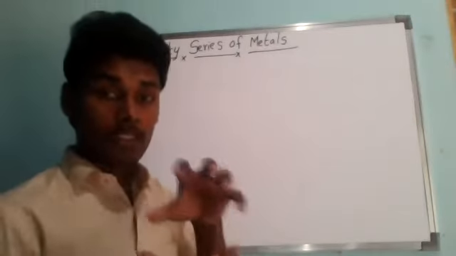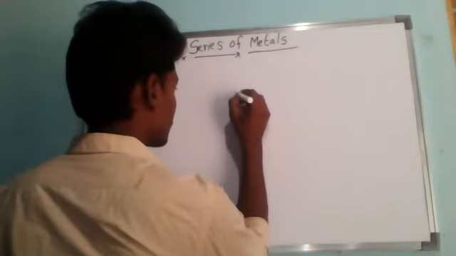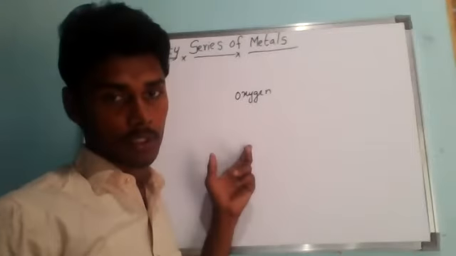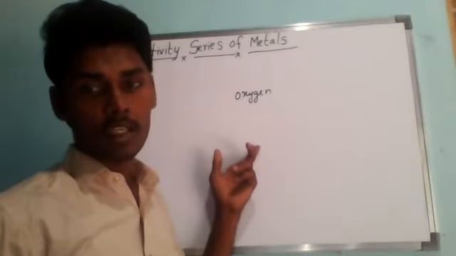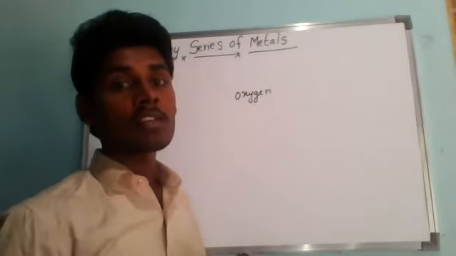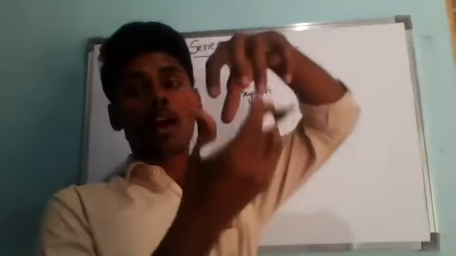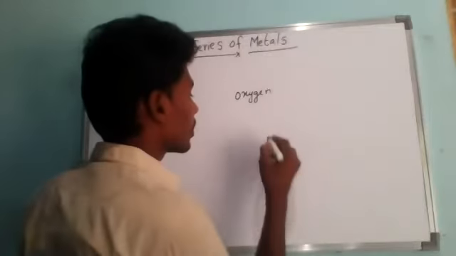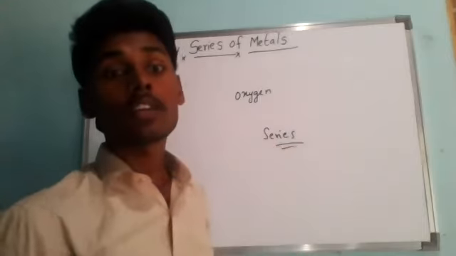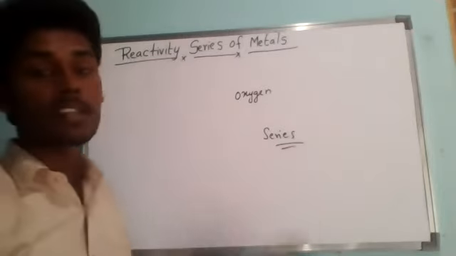On the basis of how vigorously various metals react with oxygen, water and acids, as well as in displacement reactions, how fast or how slow they react, the metals have been arranged in a group or series according to their chemical reactivities. That is called the reactivity series of metals.